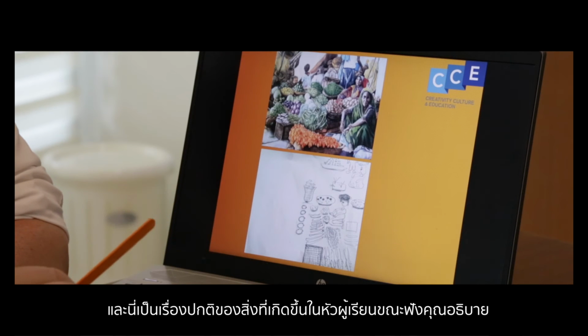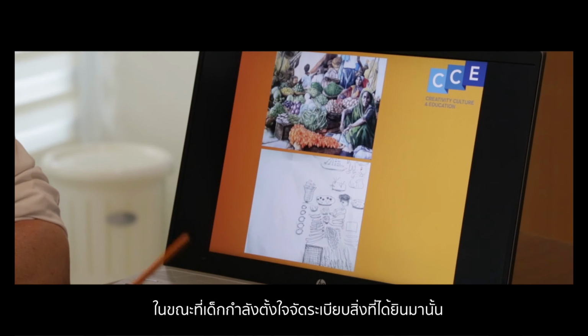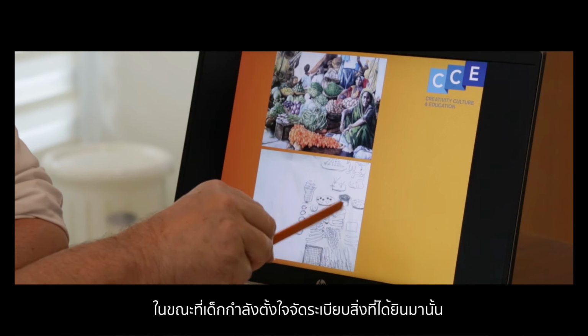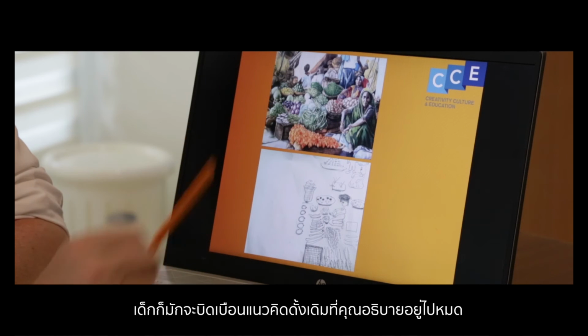And this again is typical of what is going on in a pupil's mind as they listen to you. They are trying to organize what you say into a logical and simple pattern. And when they do it very carefully, they often then completely distort what the original concept was trying to say.